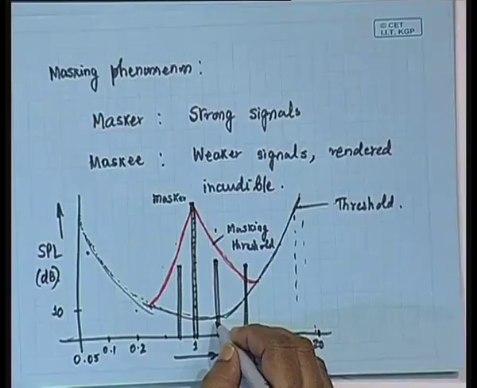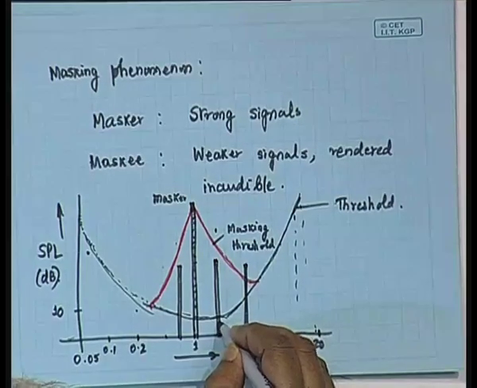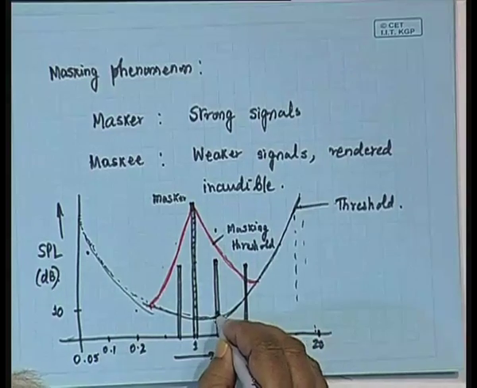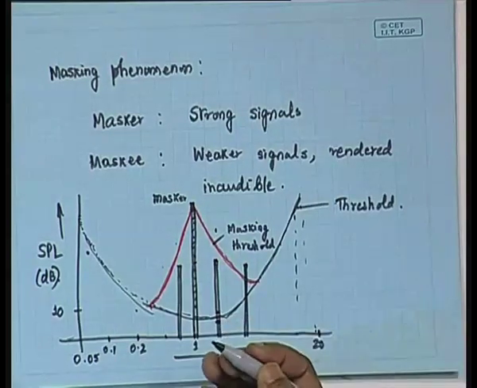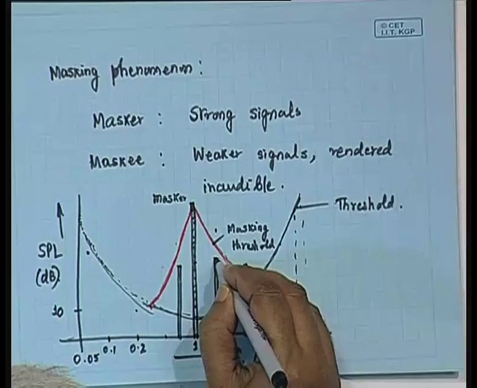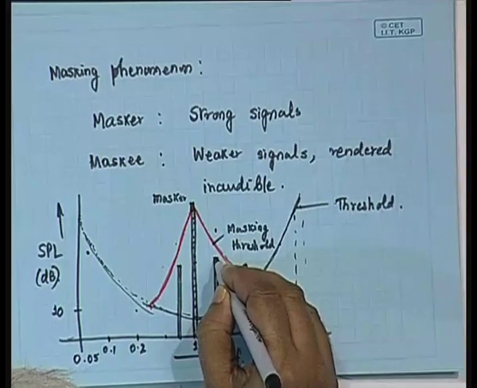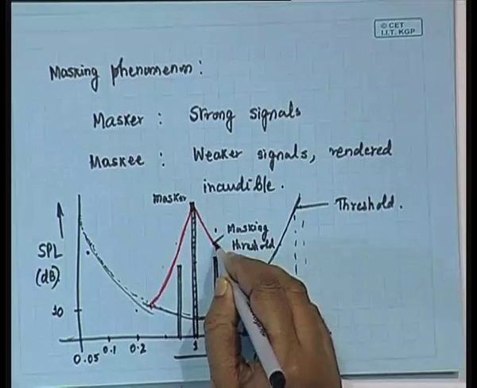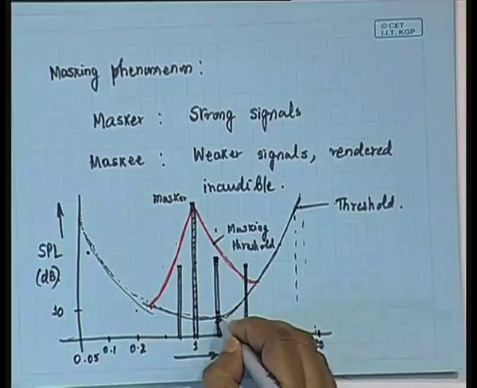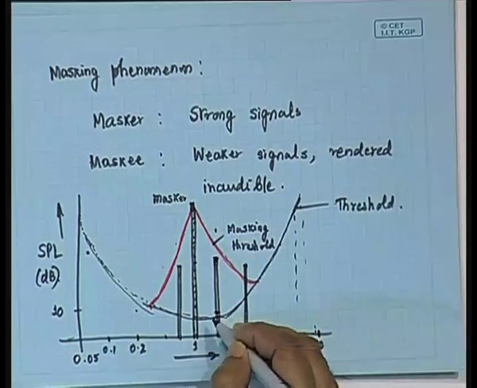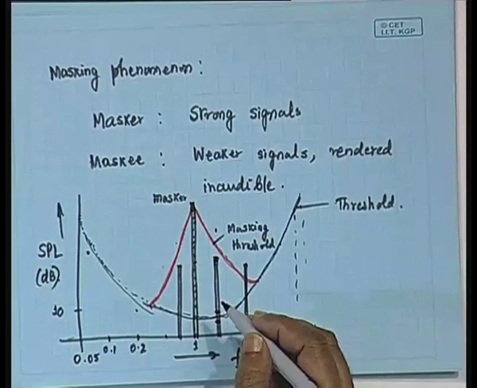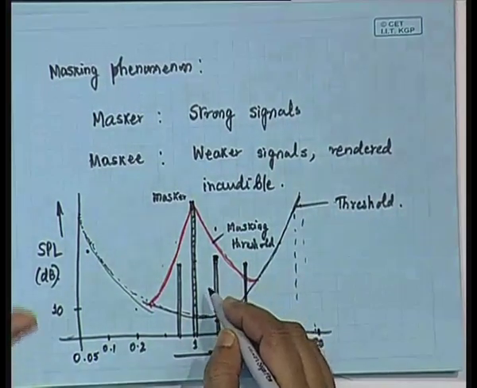That should be enough for me. I should not try to make my quantization noise somewhere over here. What is the point? Because if a quantization noise of this much is inaudible, then why allocate more bits and waste them? The limiting factor is that you have to come below the masking threshold.